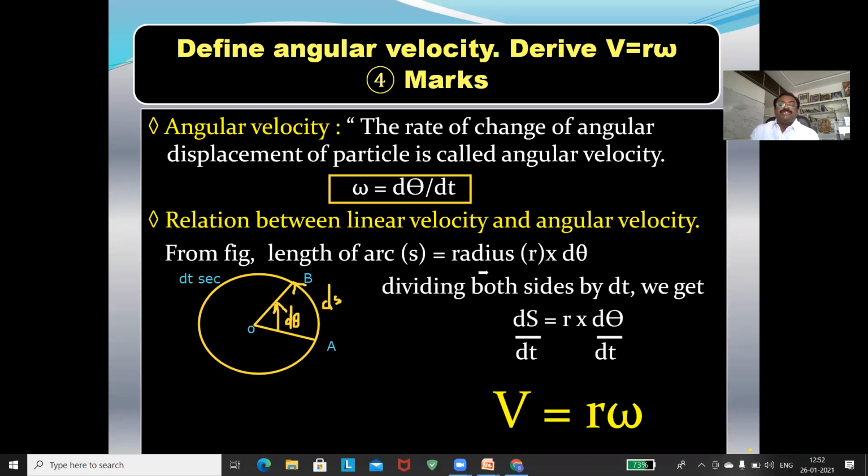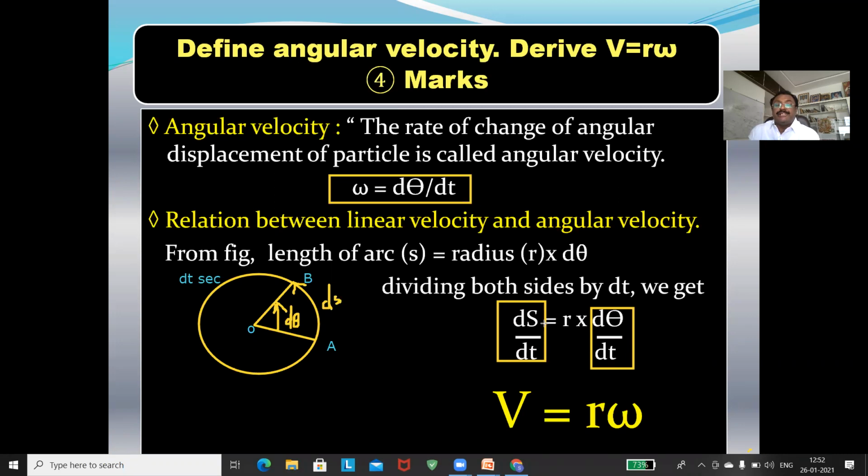Now in this equation, dividing both sides by dt, we get ds by dt is equal to r into d theta by dt. Here, what is ds by dt? Ds by dt is the rate of change of linear displacement, which is called linear velocity. The rate of change of angular displacement is called angular velocity.